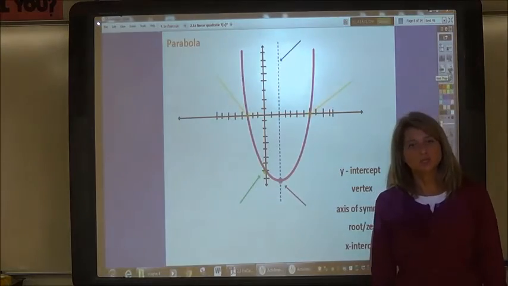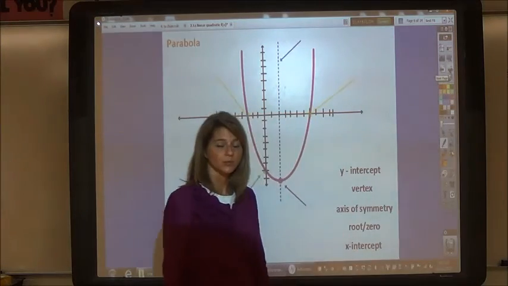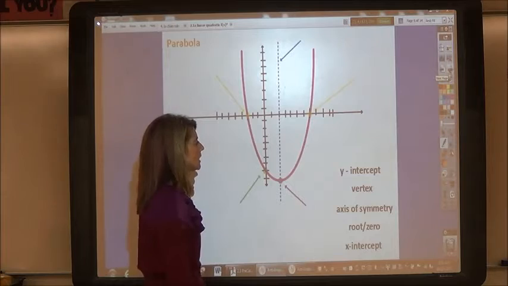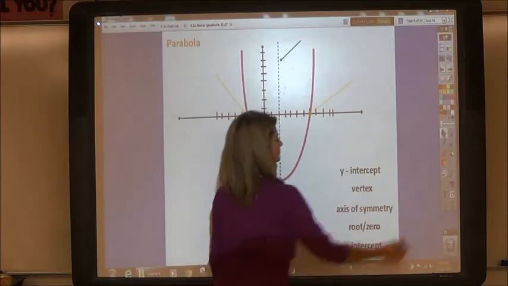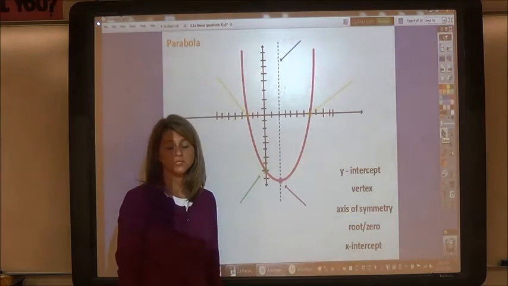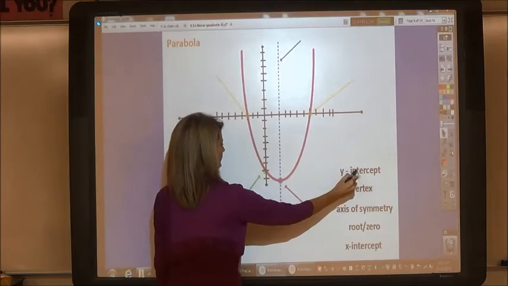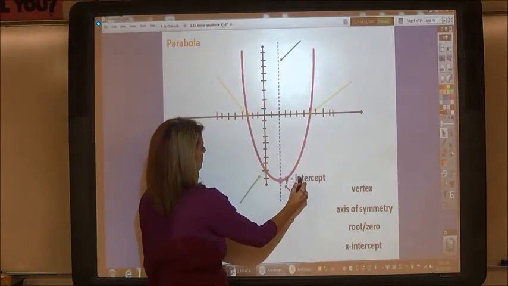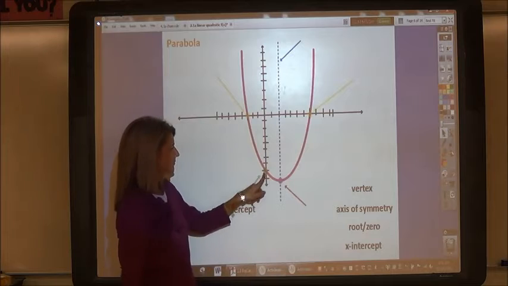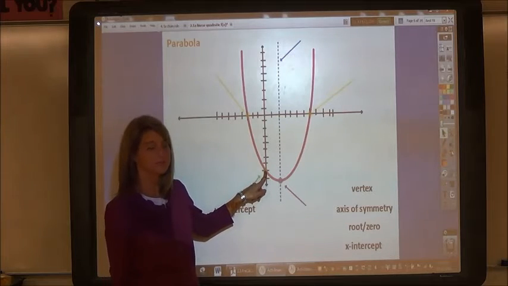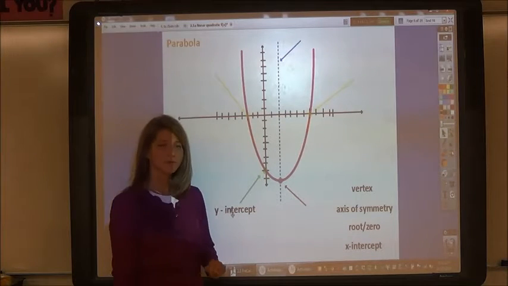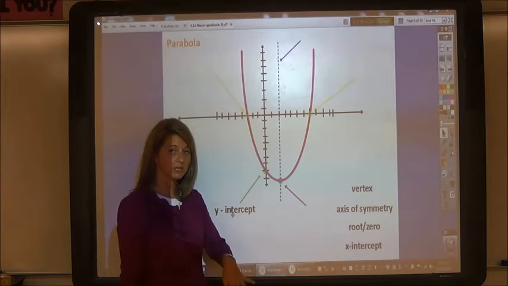Okay, making sure you know a little vocabulary on your parabolas. I'm pretty sure that you do. We know that y-intercepts hit the y-axis. Like here, there's my y-axis, it's hitting my y-axis here. A vertex is the maximum or the minimum point.